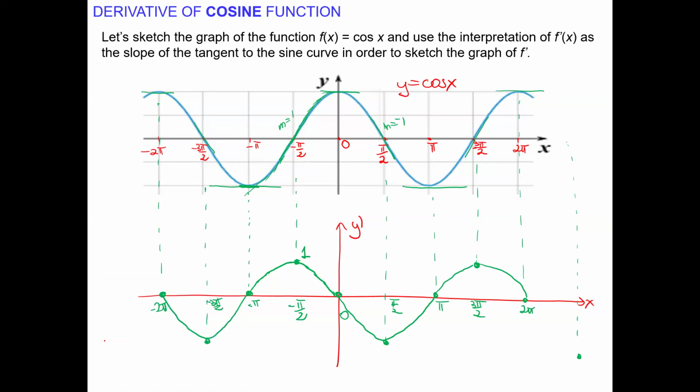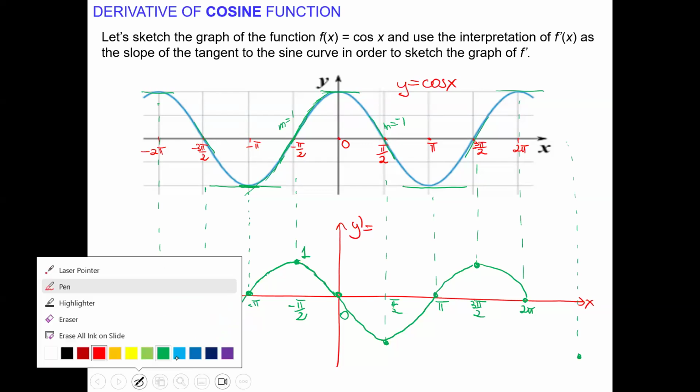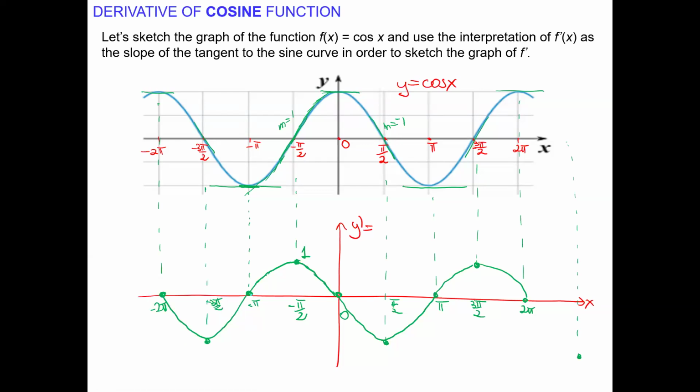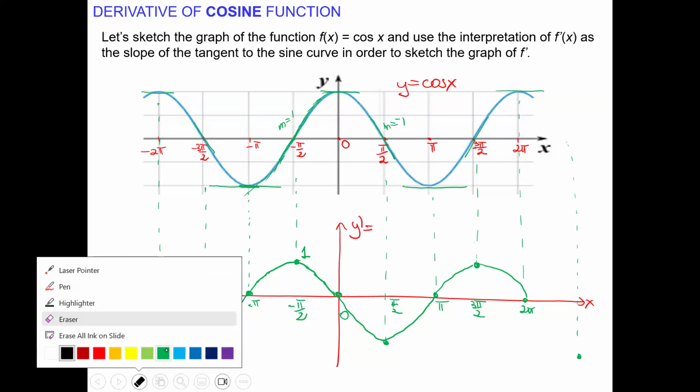And what do we see? Who can help me with the formula of this graph? Looks like sine of x, but flipped. Because sine of x, I can maybe draw it. Sine of x looks like this. That's the sine curve. But the green one, which is the derivative, is flipped.